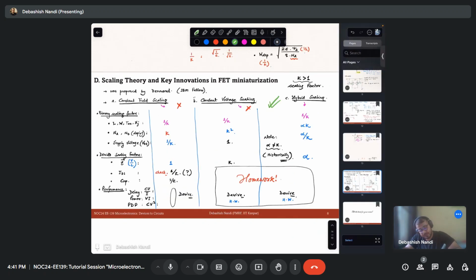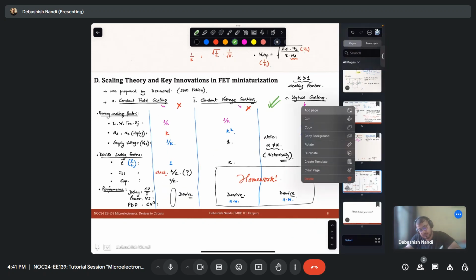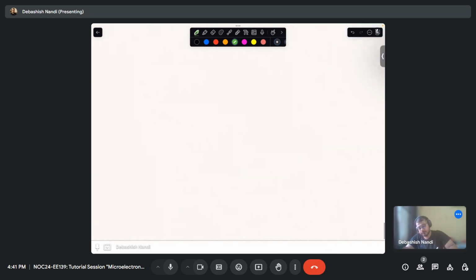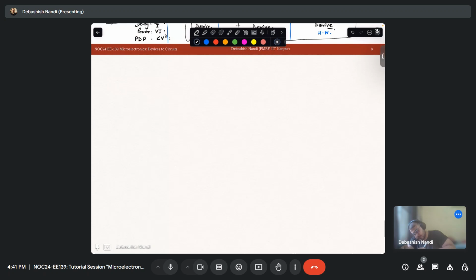Also, some key inventions that aided scaling.